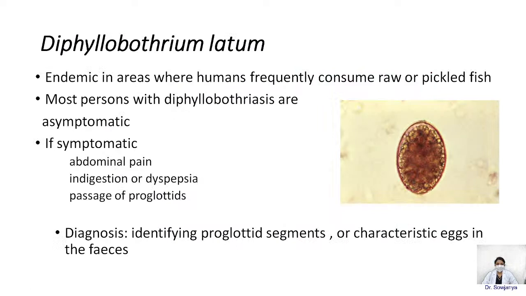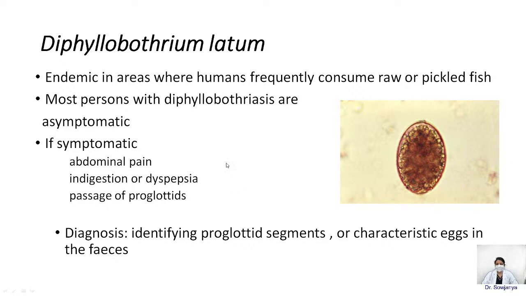Now coming to Diphyllobothrium latum. This is called fish tapeworm. It is endemic in areas where humans frequently consume raw or pickled fish. Most persons with diphyllobothriasis are asymptomatic, and when patients present with symptoms, they can present with abdominal pain or indigestion or dyspepsia and passage of proglottids.